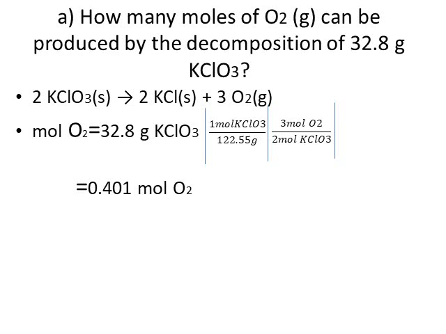Yes, in this way, I change grams of perchlorate into moles. Then, multiplying with the ratio between the oxygen gas and perchlorate solid, that is 3 mole over 2 mole, to obtain the number of moles of produced oxygen.